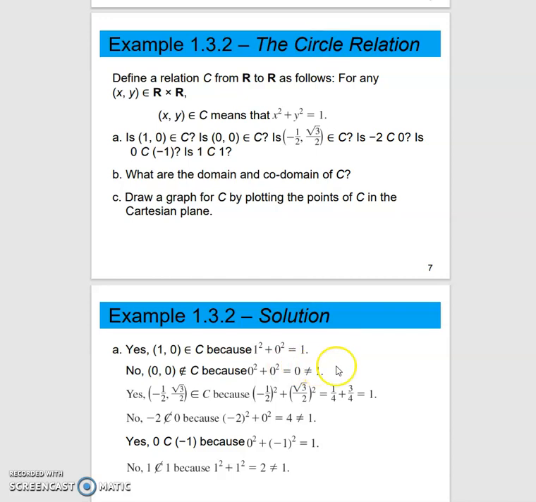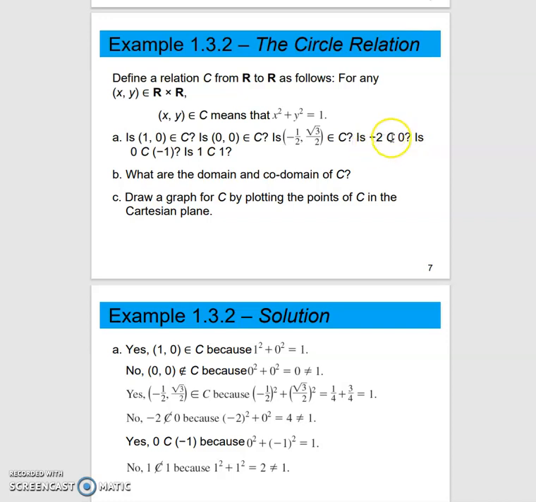How about (0,0)? Similarly, I plug it into my equation. That one does not work, so I would say no. We can put in this third pair with a radical, and it might take a few more steps to simplify, but that is a true relation, so I would say yes for that one. Our next few use that notation.